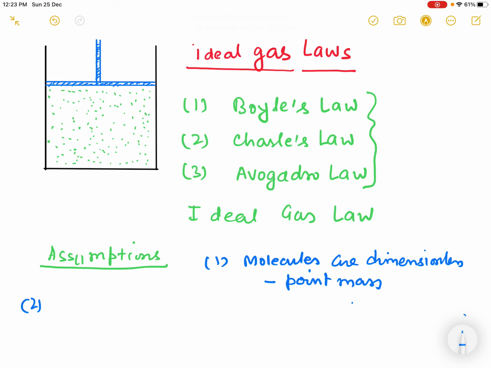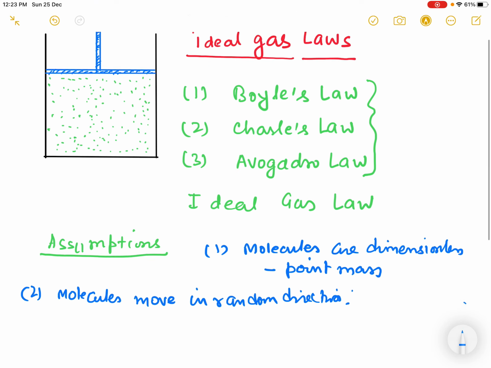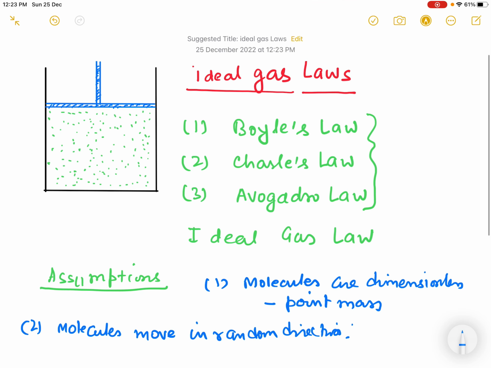And second is molecules move in random direction. So in ideal gas, the molecules are moving in random direction. This is a container, gas container, and it is fitted with one movable piston, and it has got some pressure P, volume, and temperature.